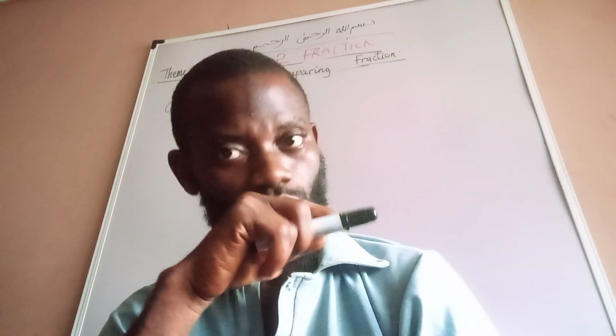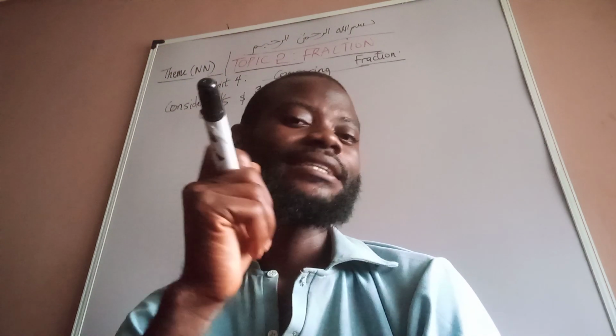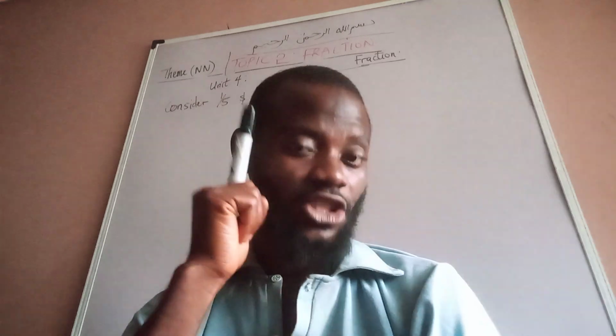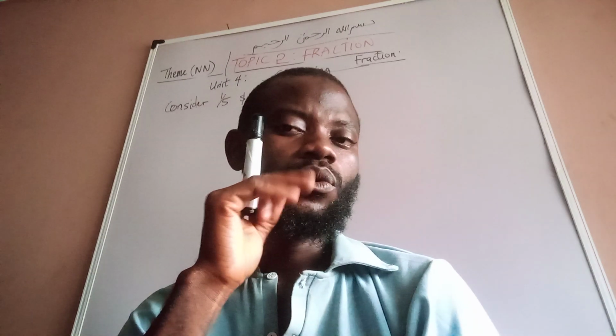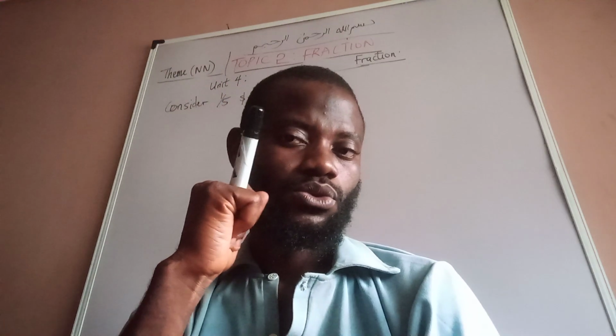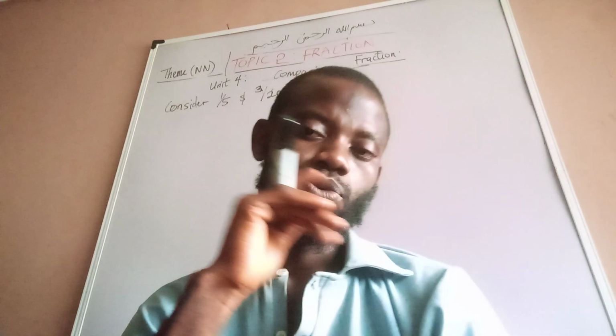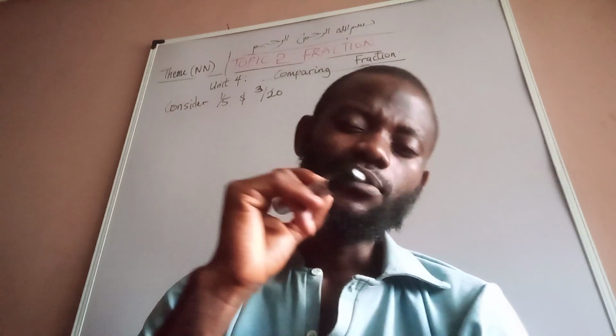In this kind of situation, what you will do is that you will look at the two fractions. You will now consider their denominators. Which one has the bigger denominator and which one has the smaller denominator. So you now take the one with the smaller denominator.